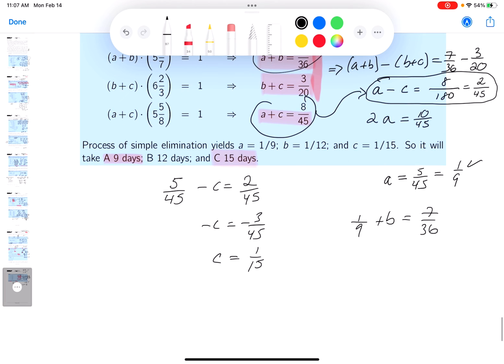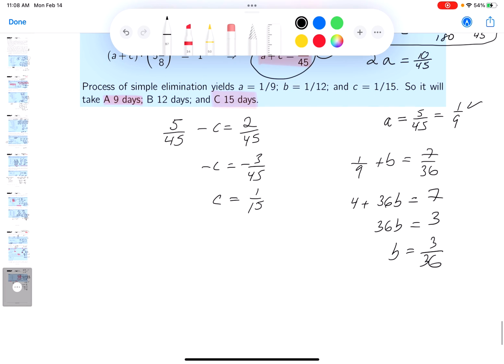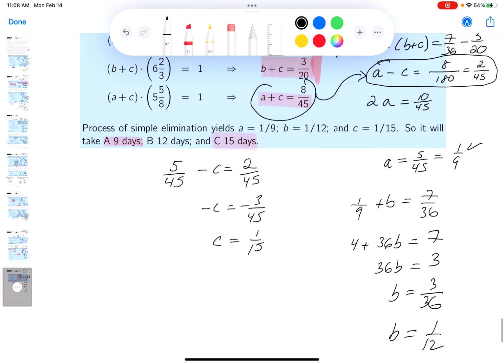I'll do something a little different now. I'm going to multiply both sides by 36. So I get 4 plus 36B equals 7. 36B equals 3. B equals 3 over 36. And these numbers really do work out nicely. 1/12. So it would take B 12 days. Let's see if that's written down. That's written down right over here.